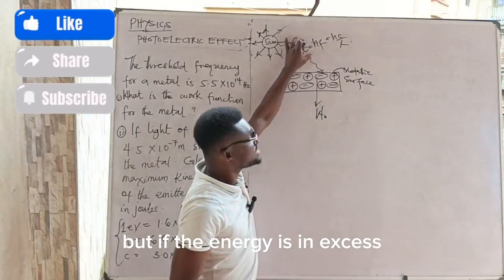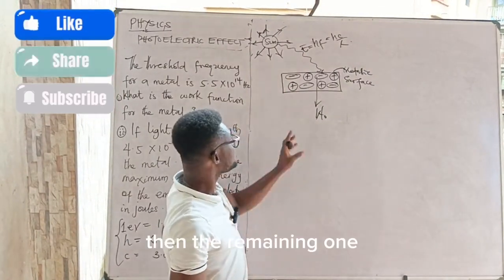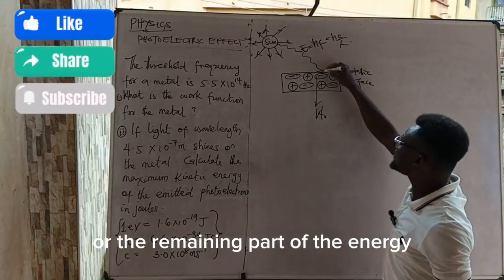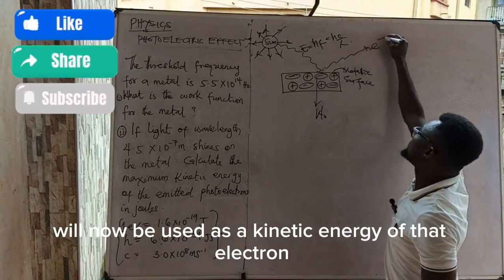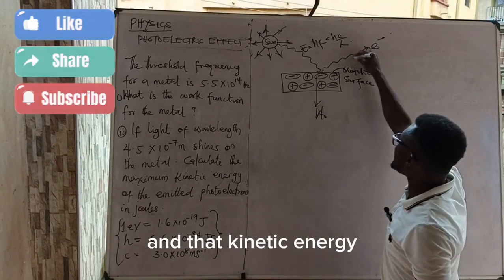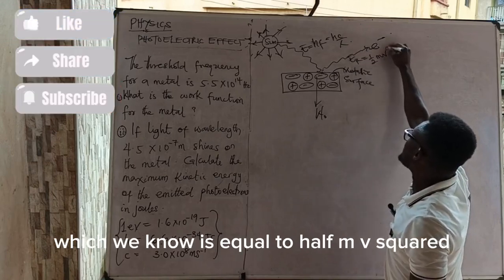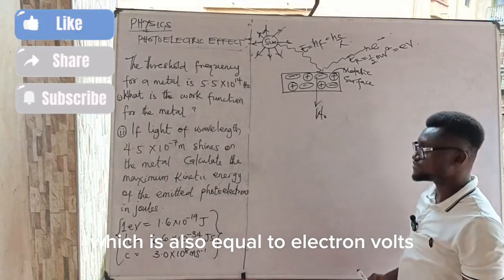But if the energy of radiation here is in excess, then the remaining part of the energy will now be used as the kinetic energy of that electron. And that kinetic energy, which we know is equal to half mv squared, is also equal to electron volts.